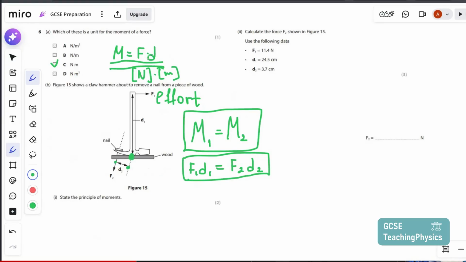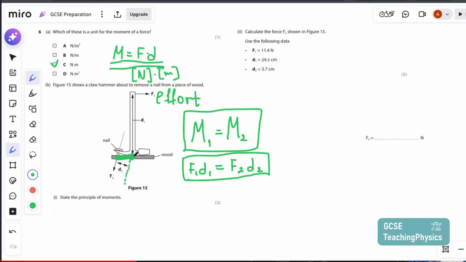I told you that D should be a perpendicular distance, and you can definitely see that it is perpendicular. It is considered perpendicular because the turning point, the pivot, is right here. From the turning point to the force, the distance must be perpendicular. Not like this, not like this, which is a mistake, right?